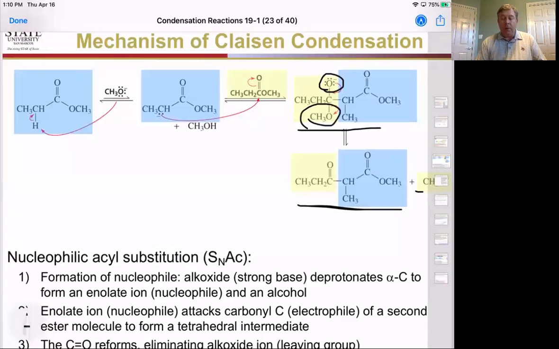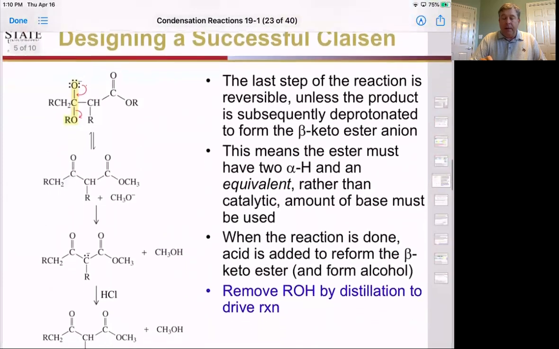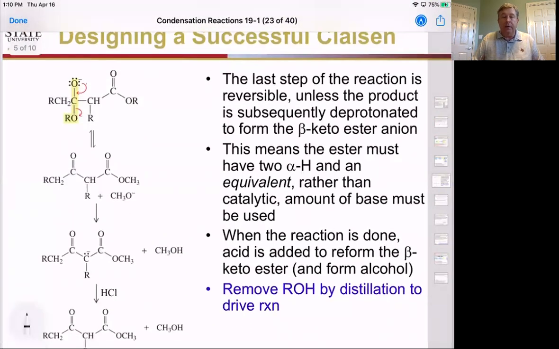That is the net reaction of the system, but there's an additional step we're going to end up doing. To have a successful Claisen condensation, we need to use this methoxide we formed to generate this anion here, this diketo anion.